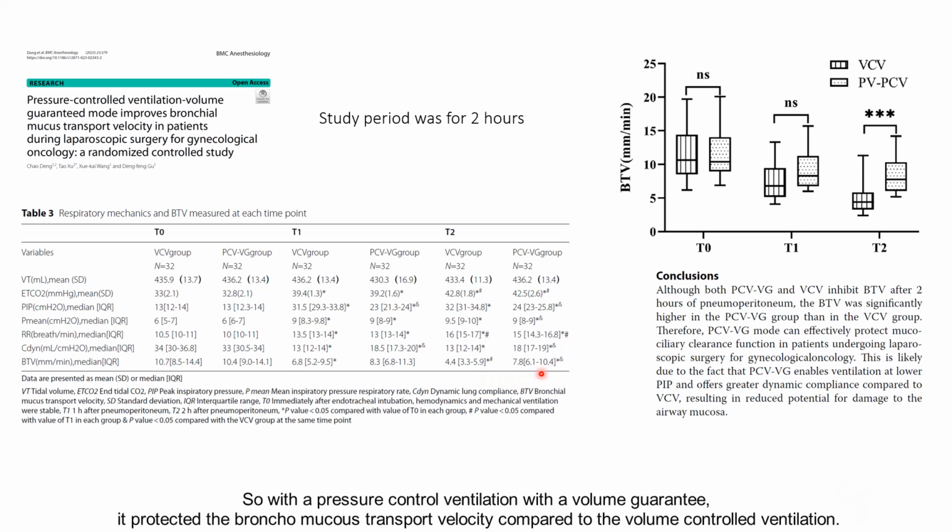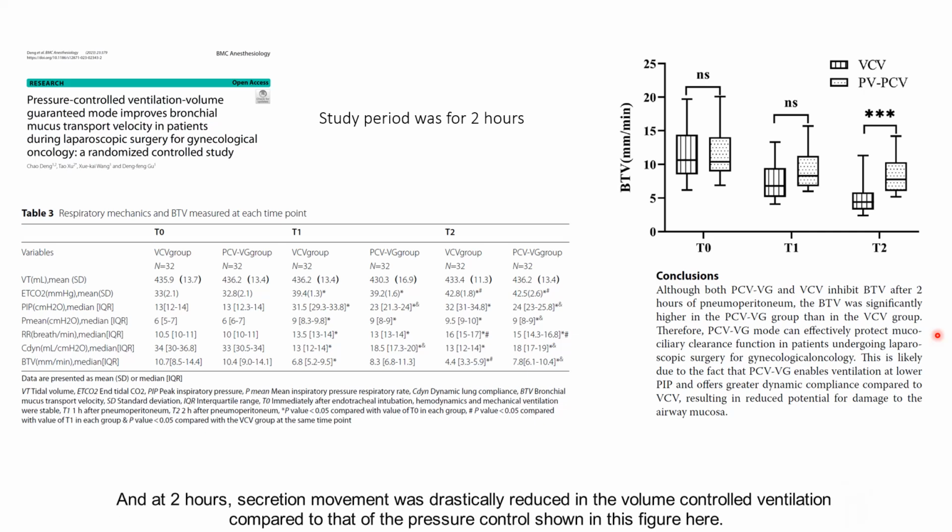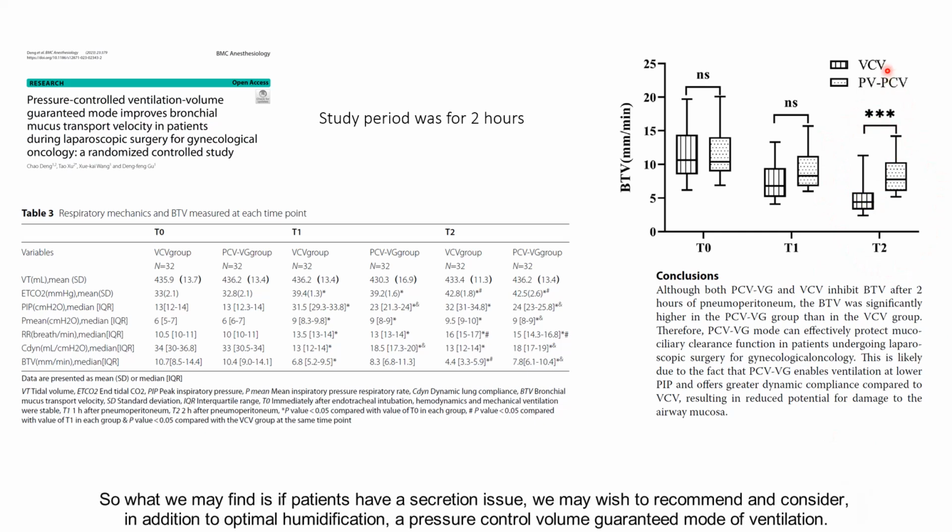So with pressure control ventilation with a volume guarantee, it protected the bronchial mucus transport velocity compared to the volume controlled ventilation. And at 2 hours, secretion movement was drastically reduced in the volume controlled ventilation compared to that of the pressure control shown in this figure here.